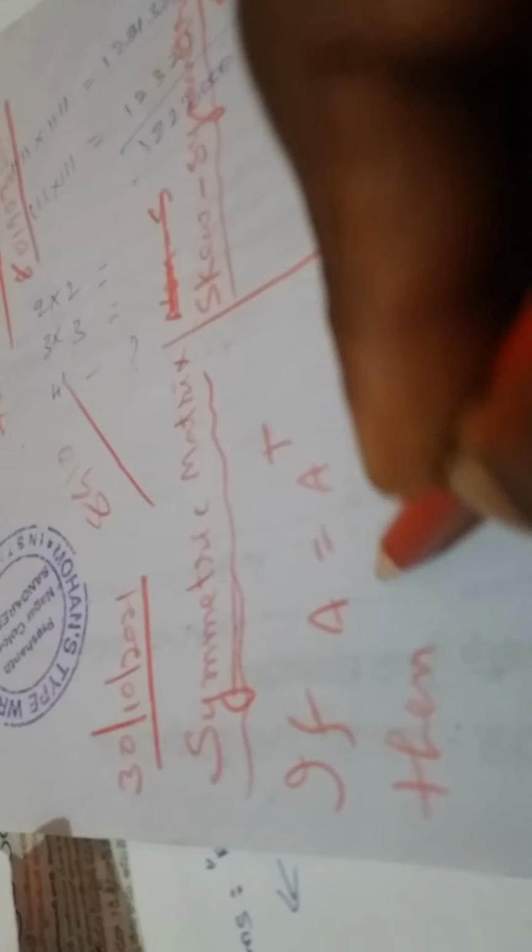If A is equal to A transpose, I will give the definitions and problems next. If A is equal to A transpose, then A is said to be symmetric. That much only.